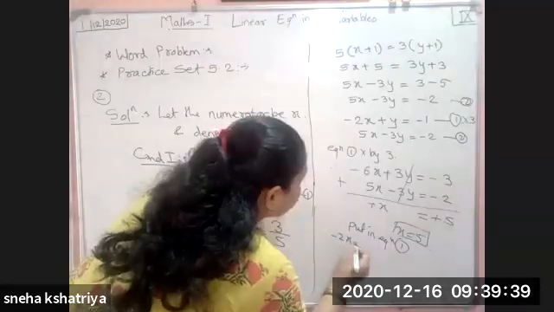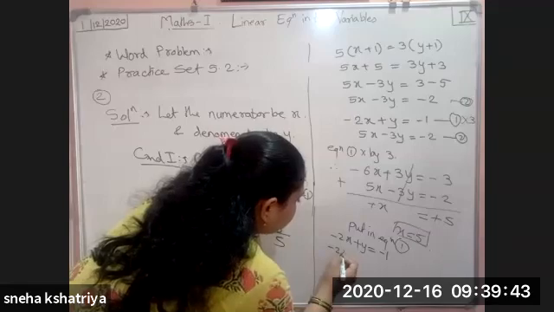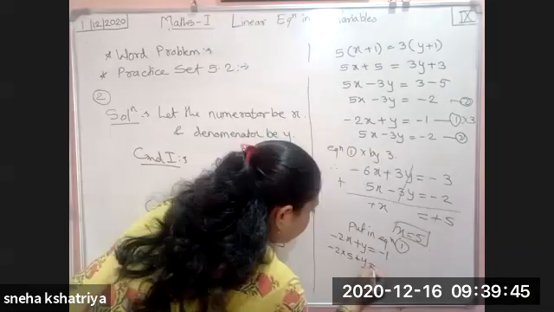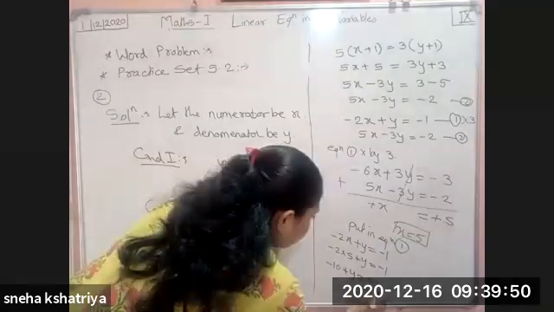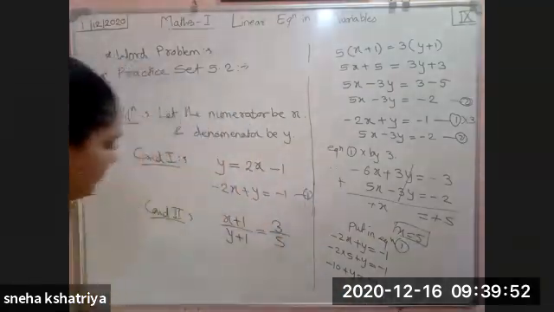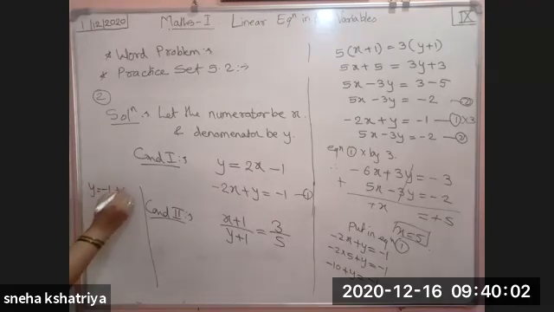It is minus 2x plus y is equal to minus 1. So minus 2 into 5 plus y is equal to minus 1. It will become minus 10 plus y is equal to minus 1. Okay. Y is equal to minus 1 plus 10. After calculating this will become 9.